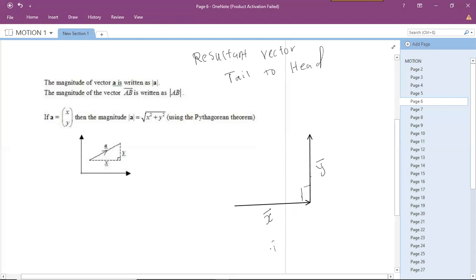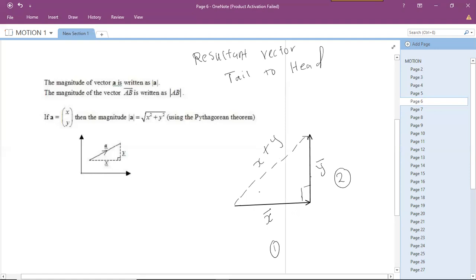So this is the first vector, that's the second vector. This is the tail of the first vector, and the resultant will be from the tail of the first vector to the head of the second vector. So this is the resultant from the vector addition x plus y.